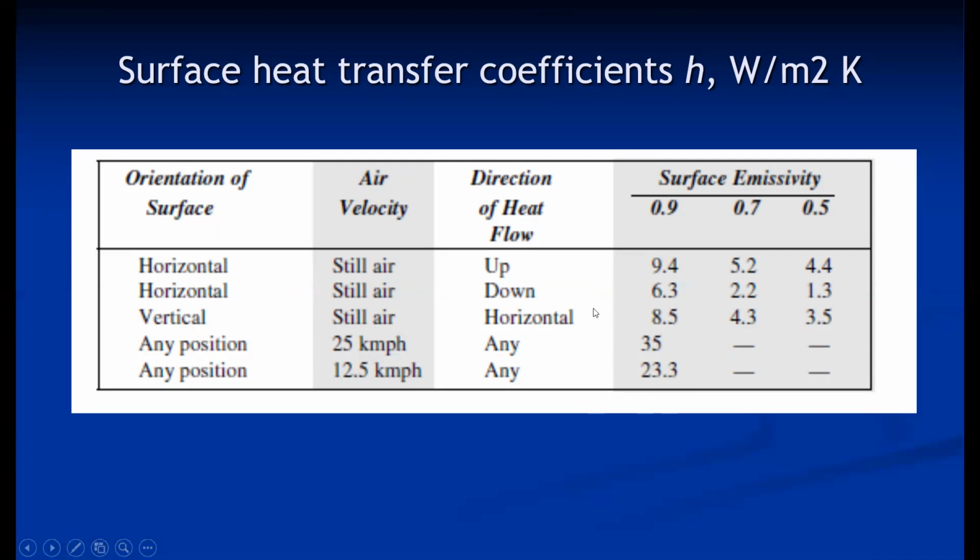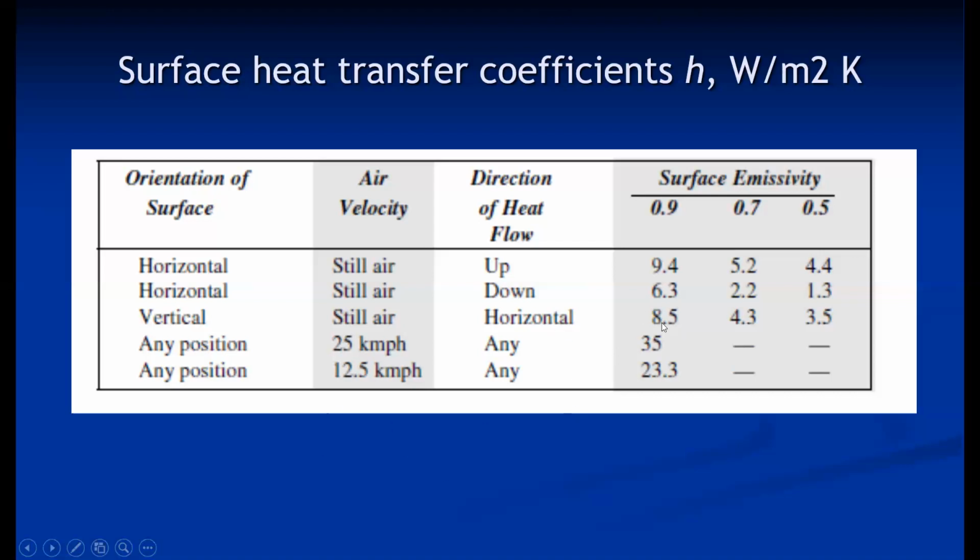It also varies with the orientation. For the horizontal case, when the direction of heat flow is upward, obviously due to natural convection the heat transfer coefficient is more. If it is downward, it is less, for the same orientation. And for vertical, it is in between, that is 8.5.